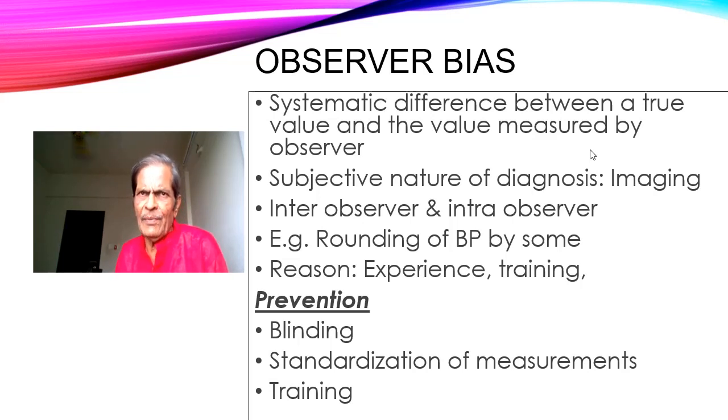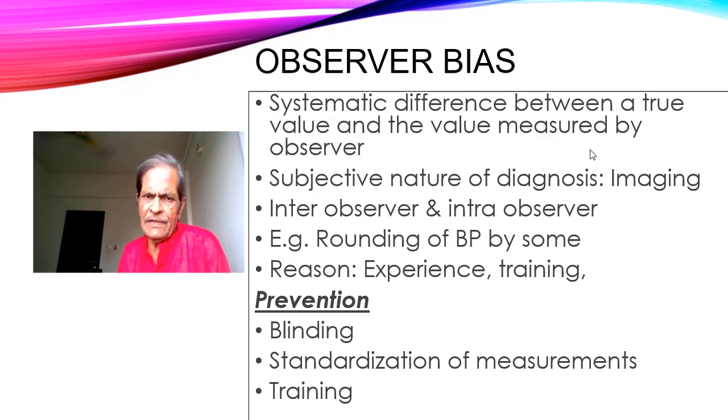Some people have the habit of rounding the blood pressure. When you take the blood pressure, some people may round it to the next higher number, some may round it to the prior number. So in one person who is rounding up, in all cases the blood pressure readings will be on the higher side.